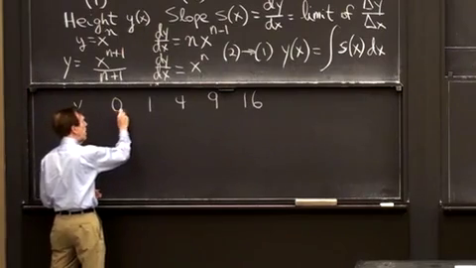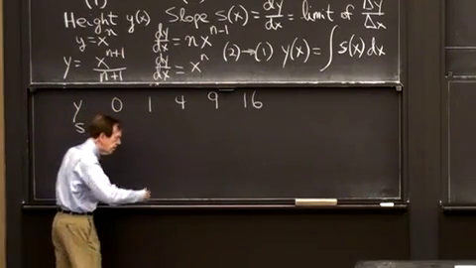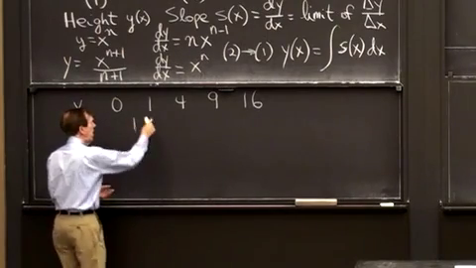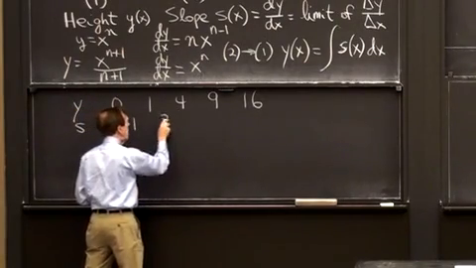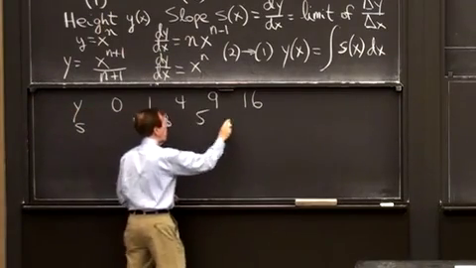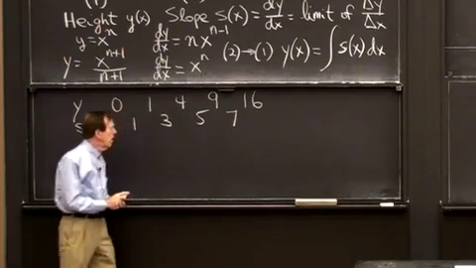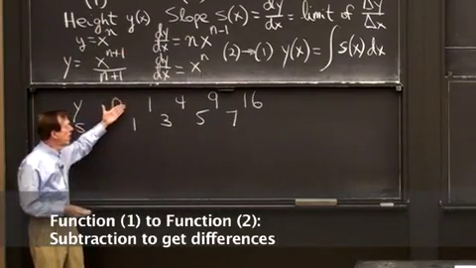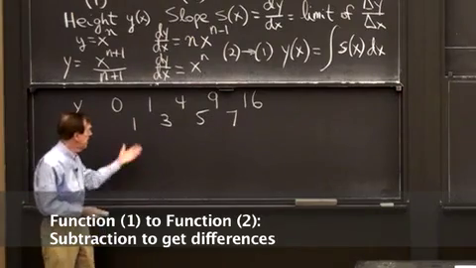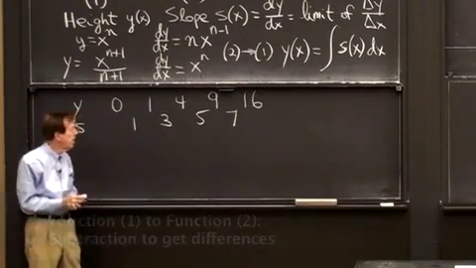Well, if the step size is 1 and I go up by 1, the slope will be 1. Here I go up by 3. Here I go up by 5. Here I go up by 7. So to go from there to there, I'm taking differences. I'm taking delta y's. These s's are delta y's.